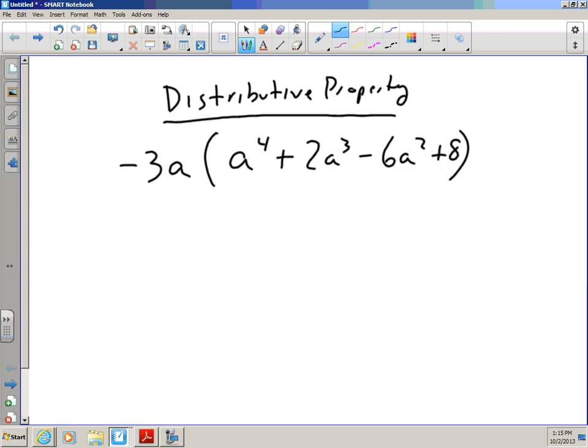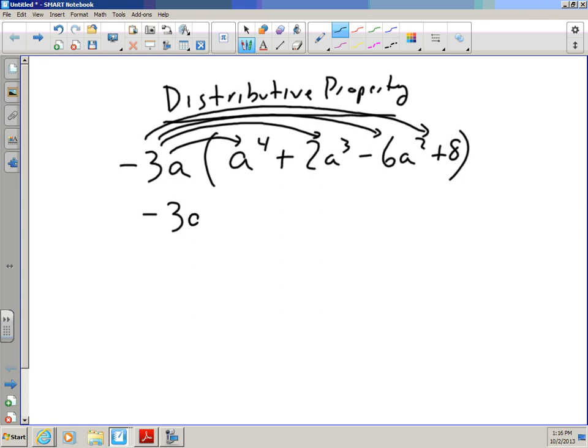Remember, if there is no operational symbol between a number and a variable, or an expression or a term and parentheses, it's telling us to multiply. And specifically what this is telling us to do is to multiply 4 different times. And so what we are doing is distributing this negative 3a to each of those 4 terms.